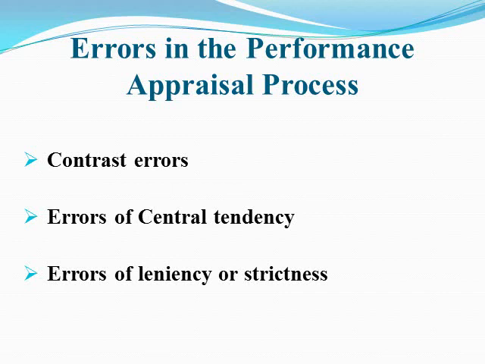We do have also the errors of central tendency. Here the supervisors rate all the employees as average or close to average. And that is not good because we will not be able to know the real level of the employees, how much they are performing.